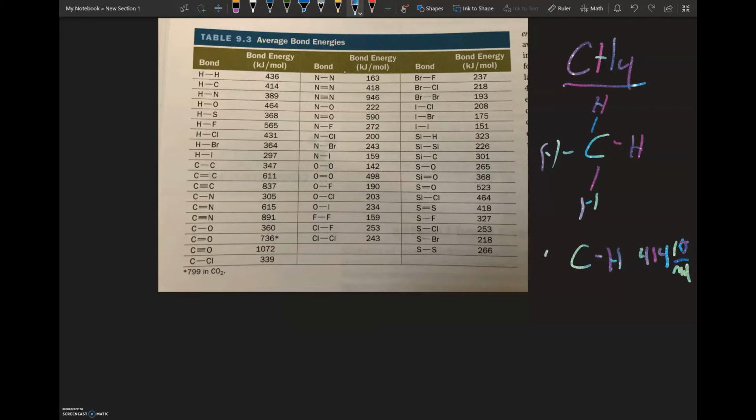So to figure out the total energy of this specific bond in this molecule, we would take the 4 and multiply it by 414. And so for this specific molecule, we would have an energy of 1656 kilojoules. And so that's how much energy it would take to make that specific molecule of CH4.